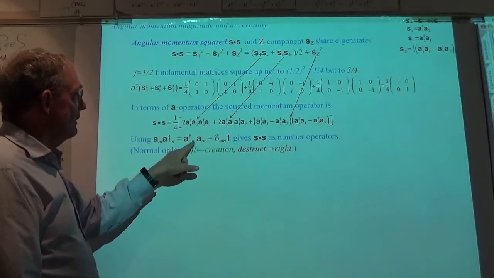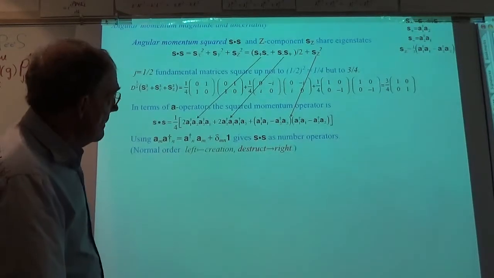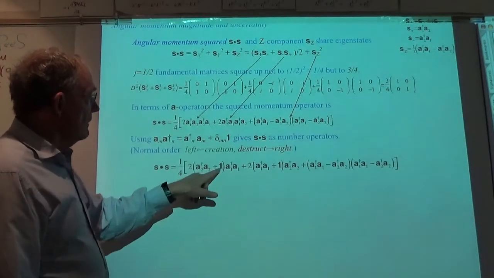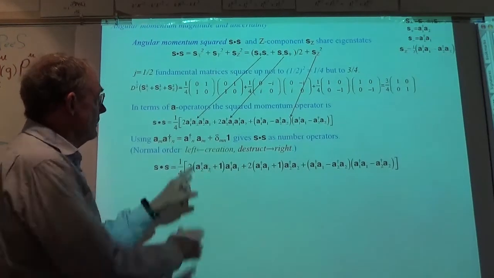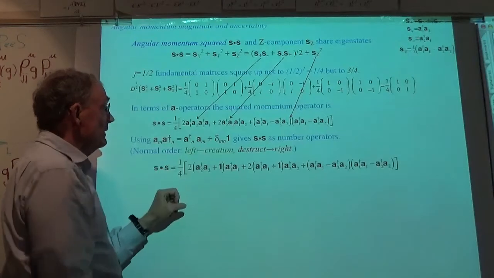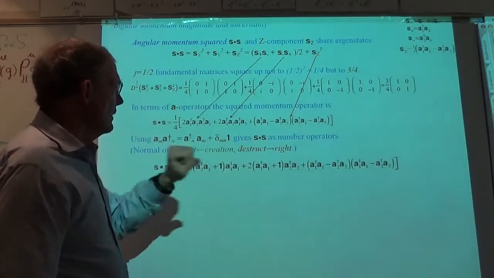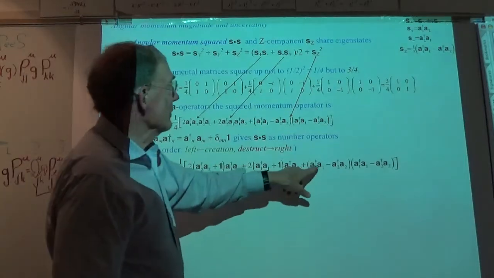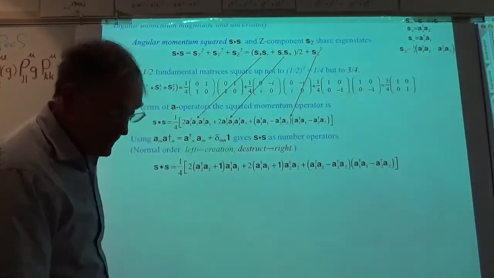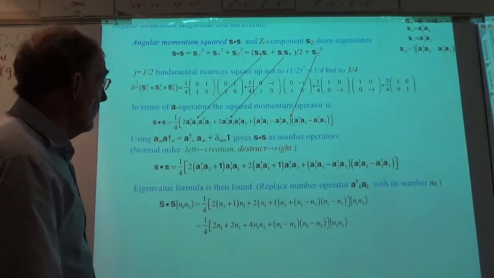We use this relation here. So I rewrite that 1 as A2 A2 dagger plus 1, and then A1 dagger A1. So I bring this A2 inside this. Let's see, that's an A1 dagger A1 plus 1 there. And then these I leave alone. Now it's in a form where I can read it all.